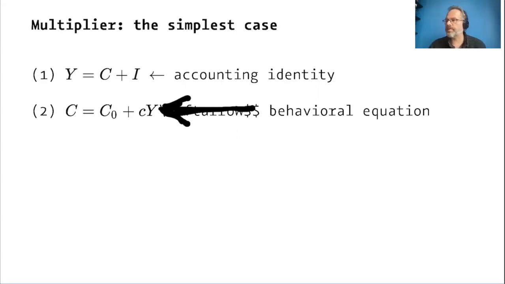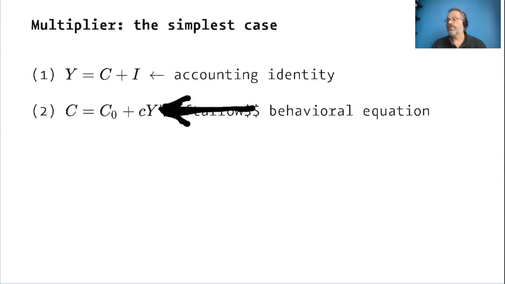And that little parameter, lowercase c, and again, I'm usually writing my parameters as lowercase letters, that's going to be between 0 and 1, but probably relatively close to 1. And the fact that it is less than 1, strictly less than 1, is what guarantees this process is going to come to a resting point.